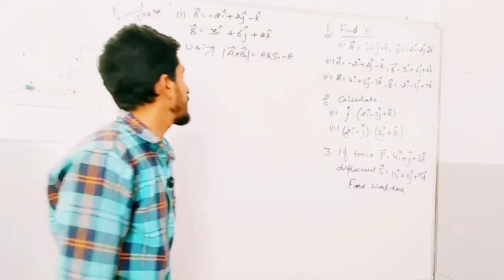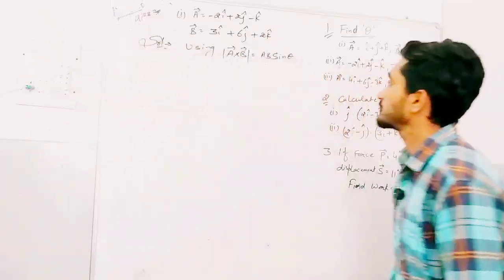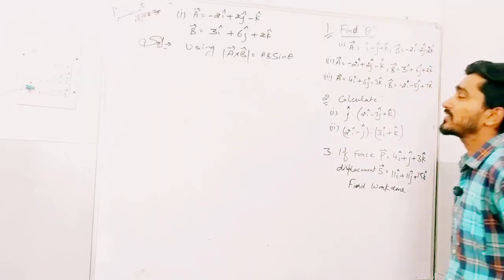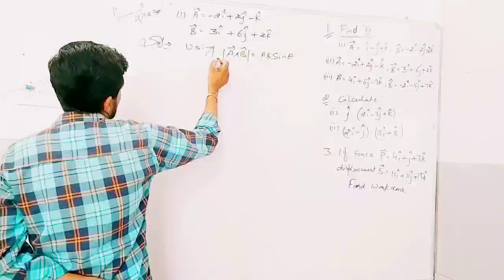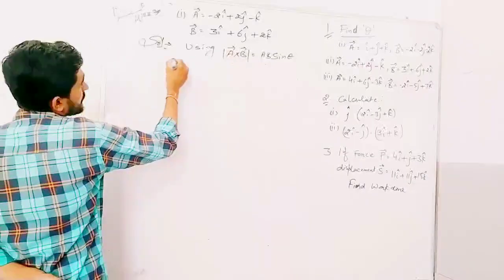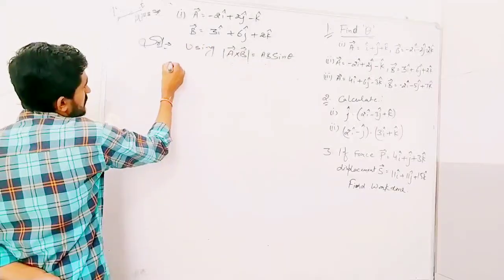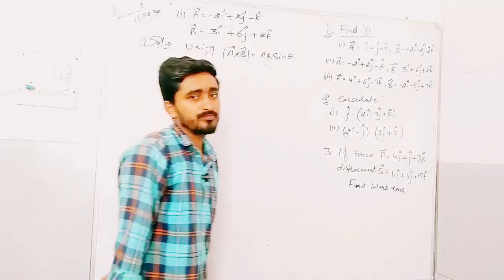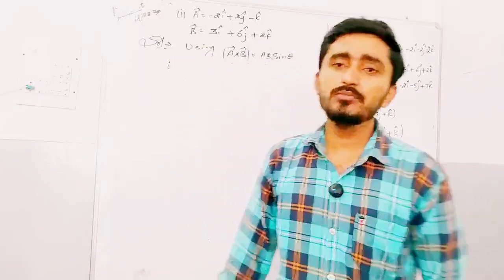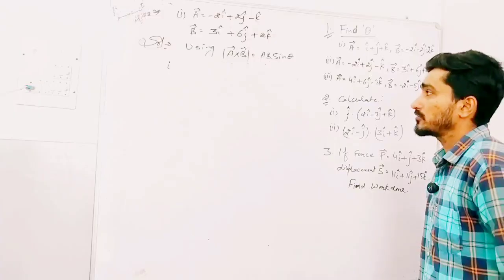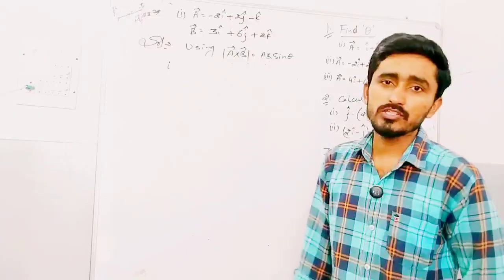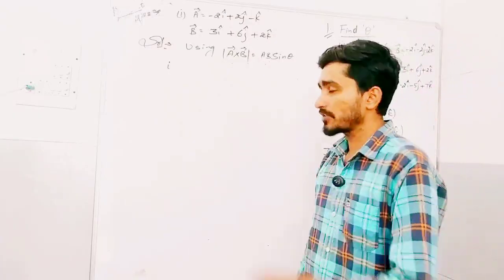Then we have to find theta using the cross product. Cross product rule says A cross B is, I am doing a shortcut now, from here onwards.